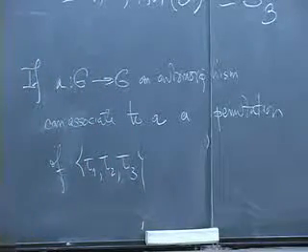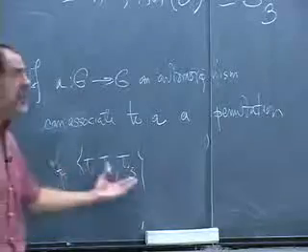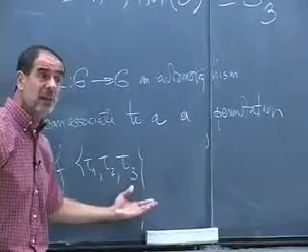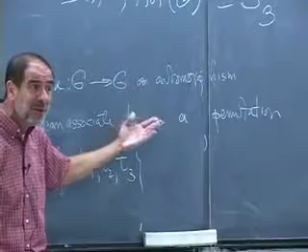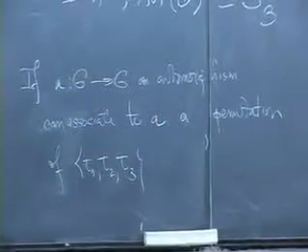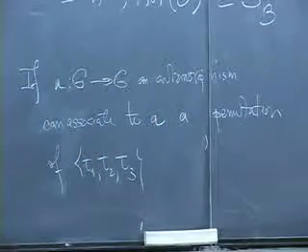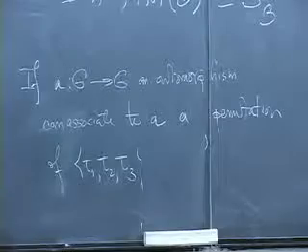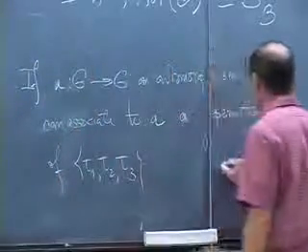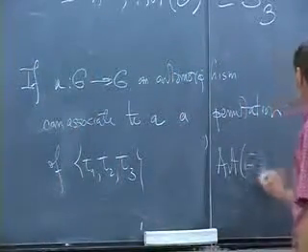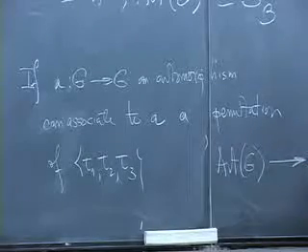which gives me an element in the symmetric group on 3 letters. Very good. And if I know that element in the symmetric group on 3 letters, I certainly know the automorphism of the group, because I know where it sends tau 1, tau 2, tau 3, and I certainly know where it sends the identity. So that gives me a homomorphism from the automorphism group of G to the symmetric group on 3 letters.